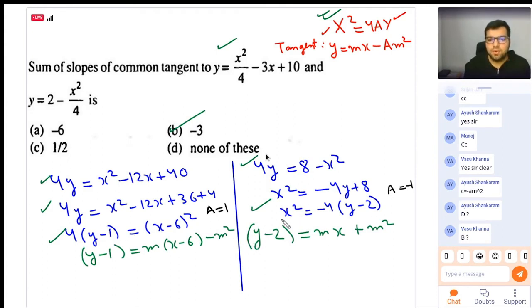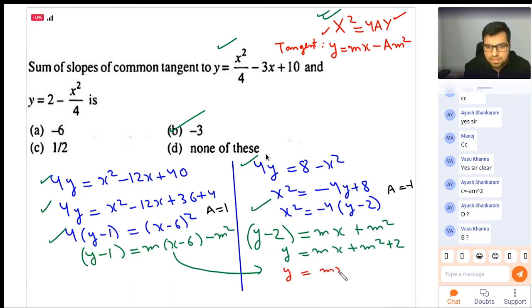Okay, so I will write it again. y equals mx plus m square plus 2. And then I will write this equation over here. So this will become y equals mx minus 6m minus m square plus 1.